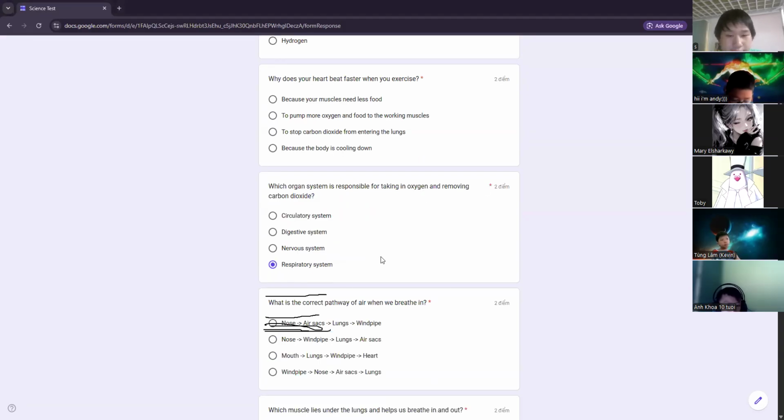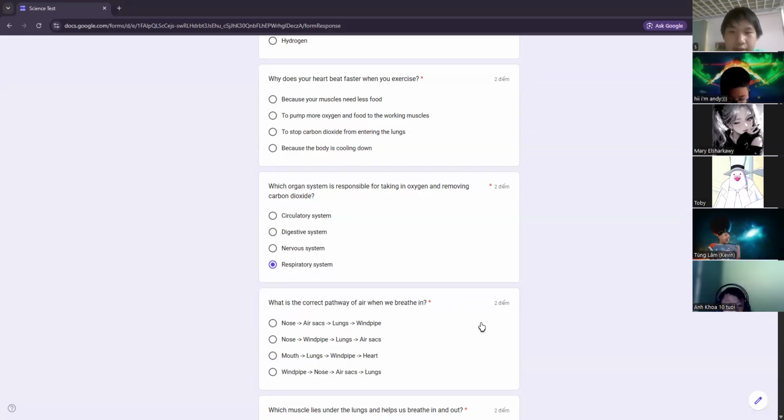So, what is the correct pathway of air when we breathe in? Can anybody tell me? I'm pretty sure it's nose and then windpipe, and then lungs and then air sacs. Yeah, that is correct.